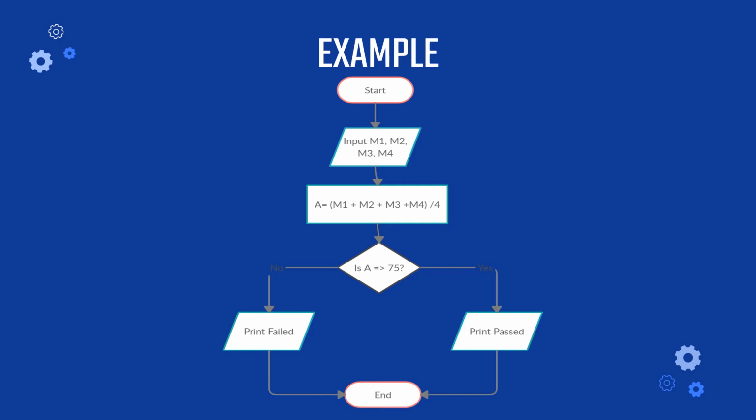Ang Y is nag-i-indicate ng mark 2. Tapos po, the same din dito sa A. Para mas mabilis kong gawin yung flowchart ko, A lang yung nilagay ko, which indicates average. Pwede rin namang gawin yung buo, which is average is equals to M1 plus M2 plus M3 plus M4. So, depende po sa inyo yan.